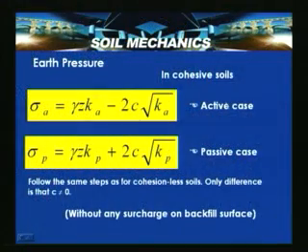Now if you want to generalize this equation for cohesive soils, or soils having both cohesion and friction angle, then we can write sigma z is equal to gamma z Ka minus 2c root Ka.